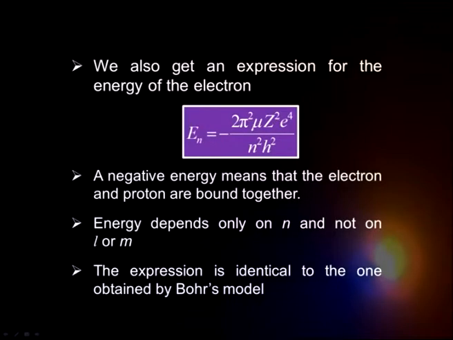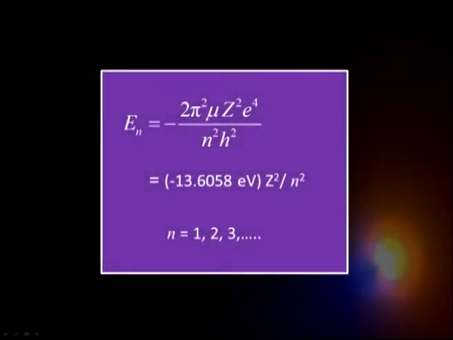Having learnt about the energy expression, let us try to analyze it. Before I get into that, let me recall that when we defined our system, we defined it to be hydrogen-like ions, not only the hydrogen atom. The hydrogen atom was one such system.